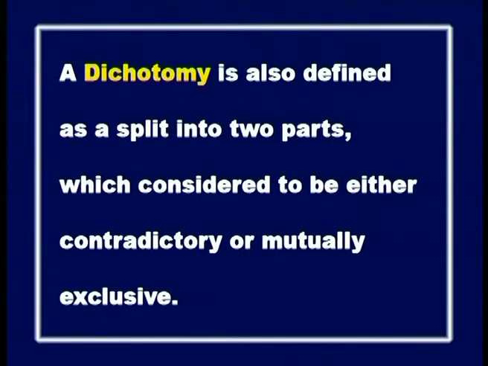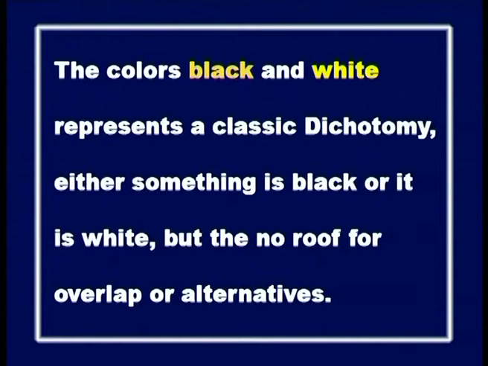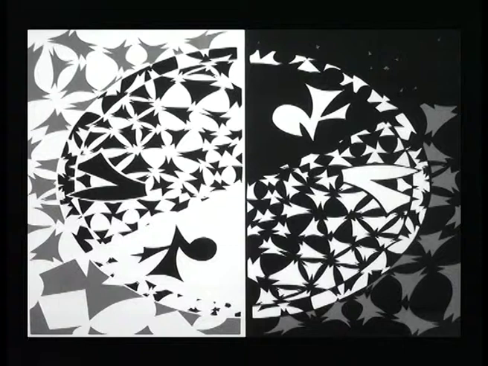A dichotomy is also defined as a split into two parts which are considered to be either contradictory or mutually exclusive. To give a very simple, everyday example, the colors black and white represent a classic dichotomy. Either something is black or it is white, with no room for overlap or alternatives.